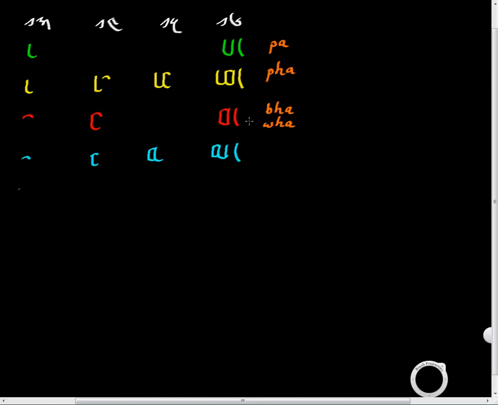Also depending on which part of Tibet you're from, it could be pronounced a little differently, either pa or wa. But most of the time in a word, it's used as wa and not pa.